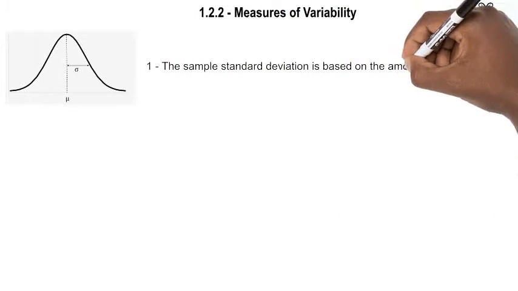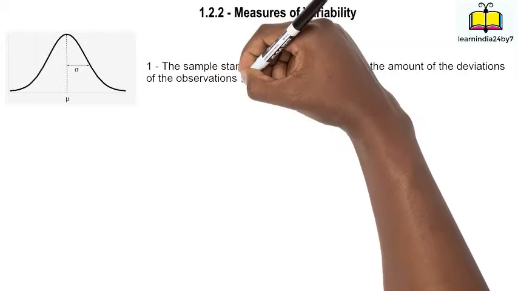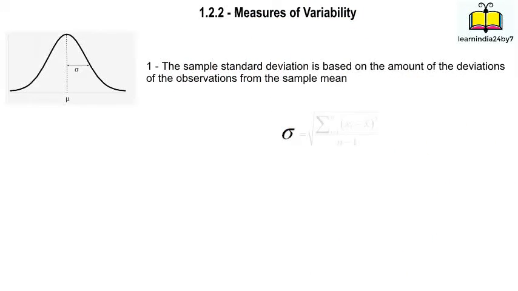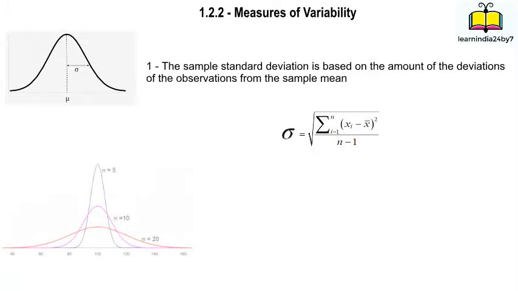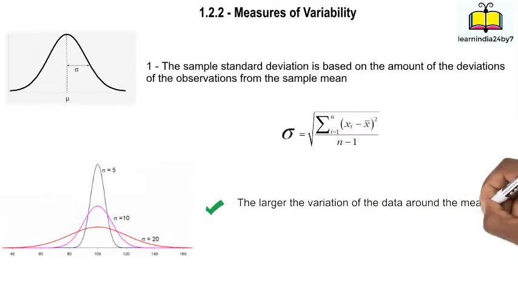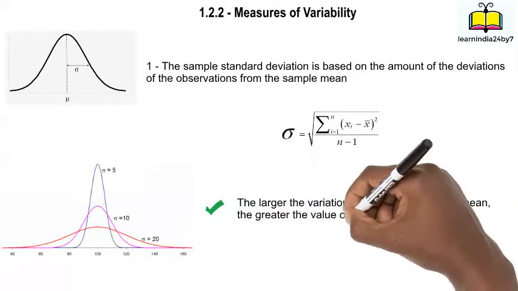The sample standard deviation is calculated based on the amount of deviation of observations from the sample mean. The larger the variation of the data around the mean, the greater will be the value of the standard deviation.